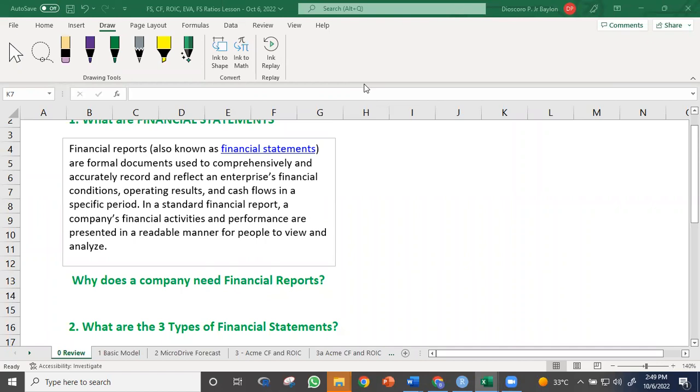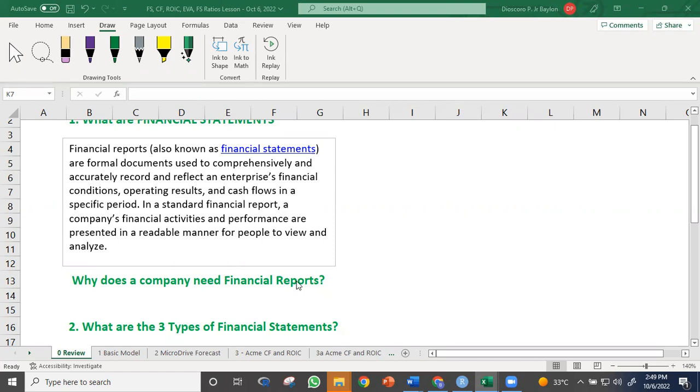Any volunteer may just chat in the chat box so that I can read your answers. Okay, maybe we're having some connectivity issues there.